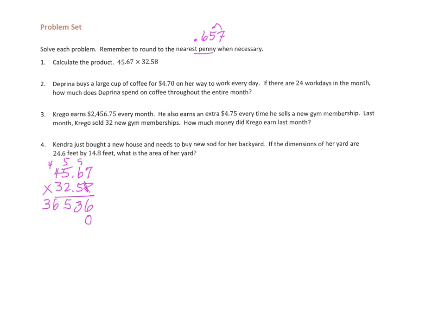So done with that placeholder. Then sometimes if I'm just doing paper, I erase that so it's not in my way. And then I've got 5 times 7 is 35, carry the 3, and then that's 33, and then 25 plus 3 is 28, carry the 2, and then I've got 22.